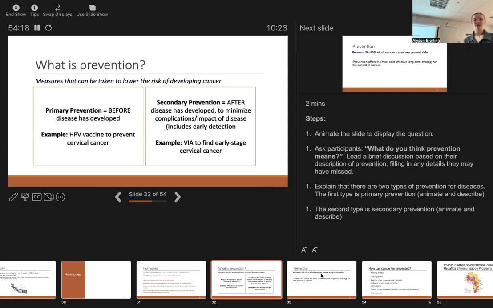If we do VIA, and we'll talk more about this in an upcoming lecture about cervical cancer, patients with early stage cervical cancer can be treated with minimally invasive procedures that prevent the cervical cancer from developing to the point where the patient would need chemotherapy, radiation. Okay.